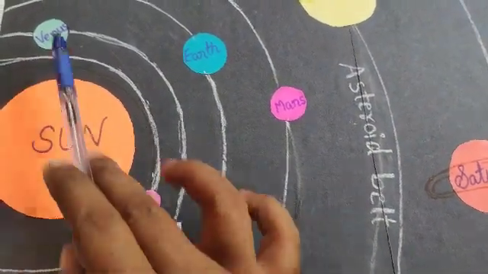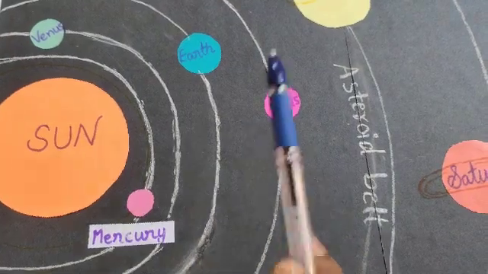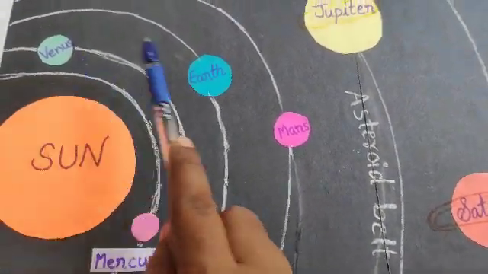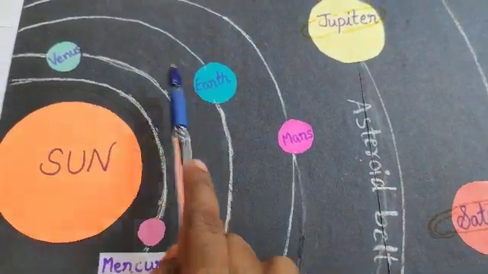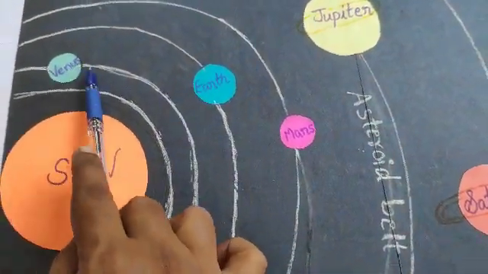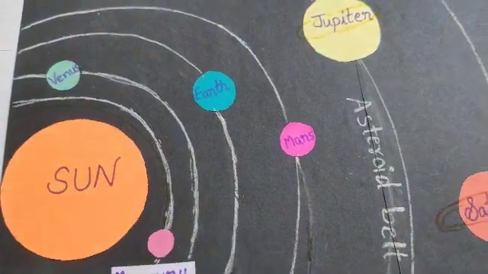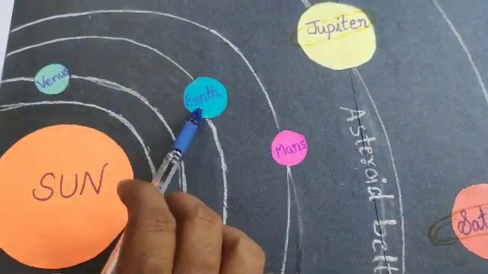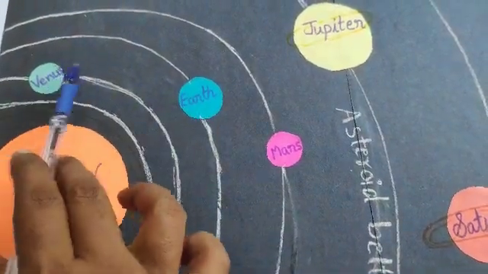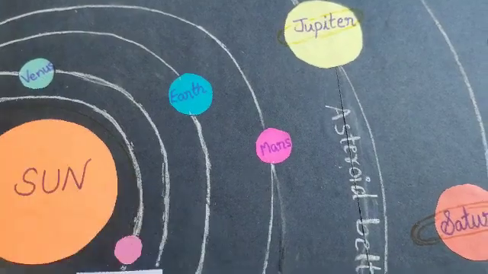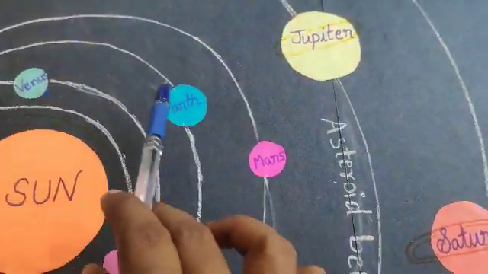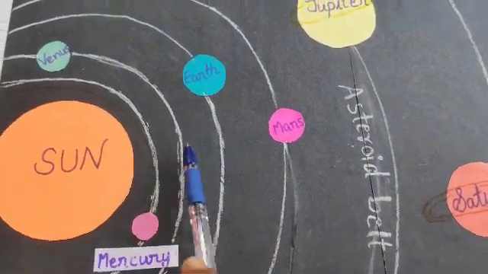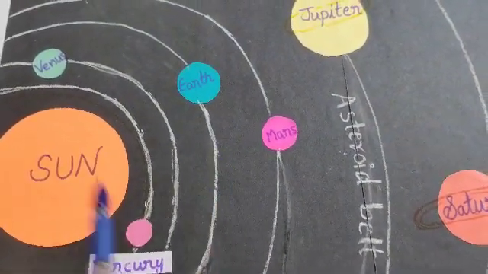And Venus, as it is similar to our Earth in features and in size, is called Earth's twin. So Mercury, Venus, Earth, Mars are inner planets, and they are made up of rocks.